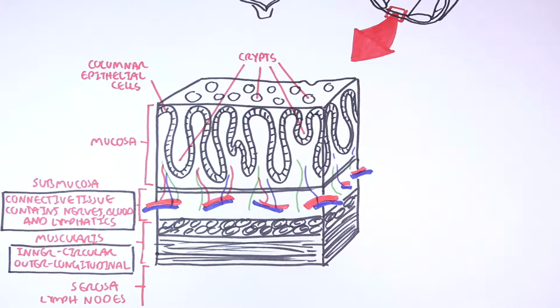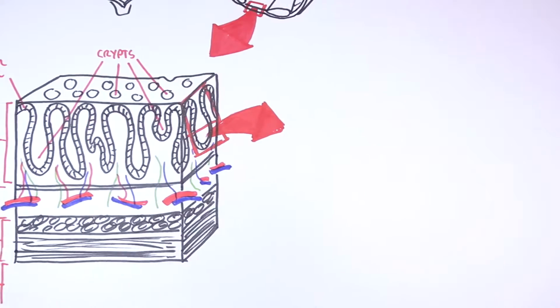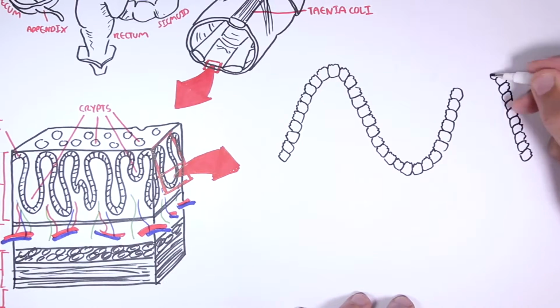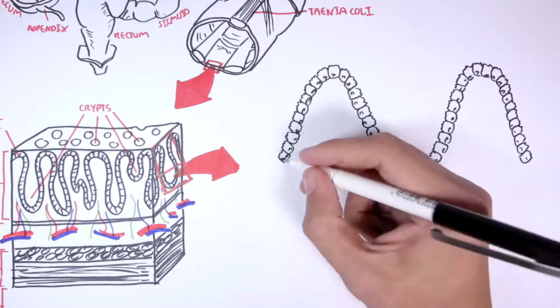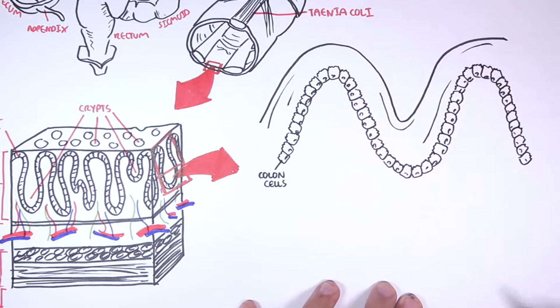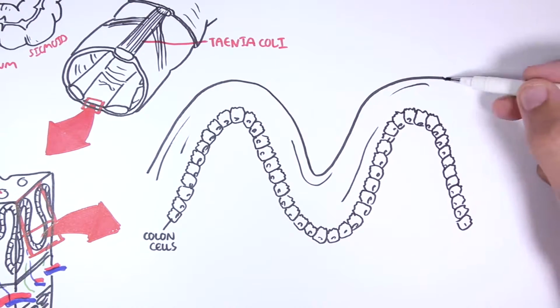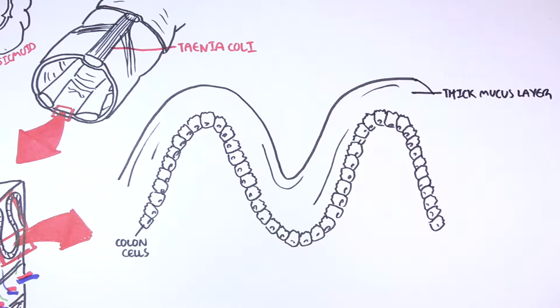Now let's have a closer look at the mucosa layer and at these columnar epithelial cells here. So here we have the colon cells. Above the colon cells, we have mucus, which is a liquid type substance that helps lubricate food as well as protect the lining of the digestive tract from dangerous microbes as well as from toxic substances.